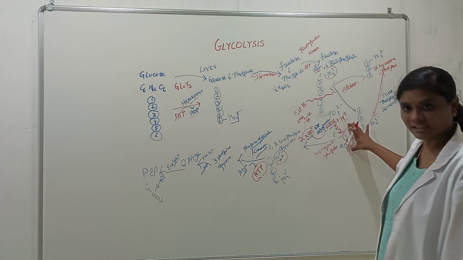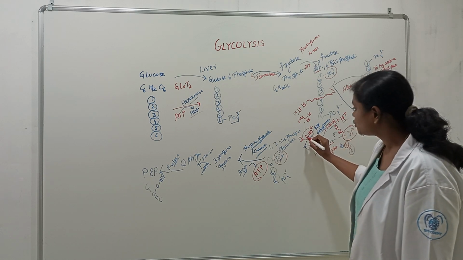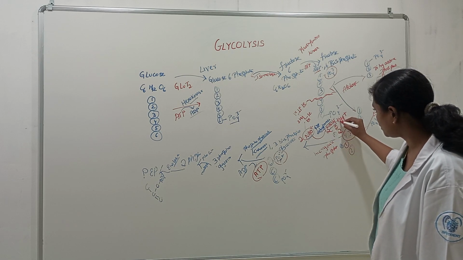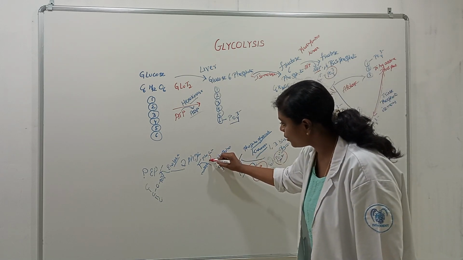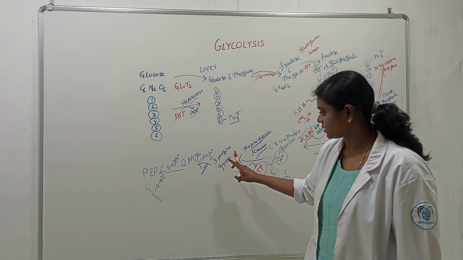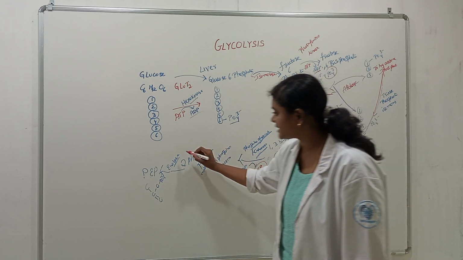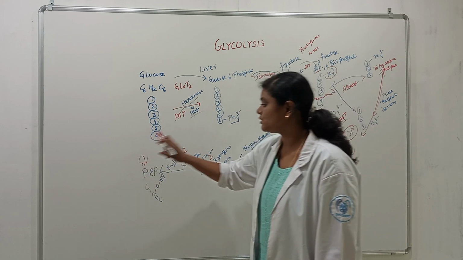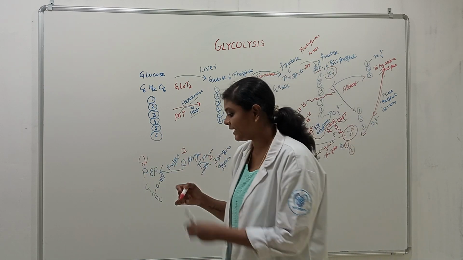So 2 molecules of glyceraldehyde 3-phosphate, 2 molecules of NAD, 2 molecules of NADH and 2 molecules of H+, 2 molecules of 3-phosphoglycerate, 2 molecules of 2-phosphoglycerate, 2 molecules of phosphoenol pyruvate.